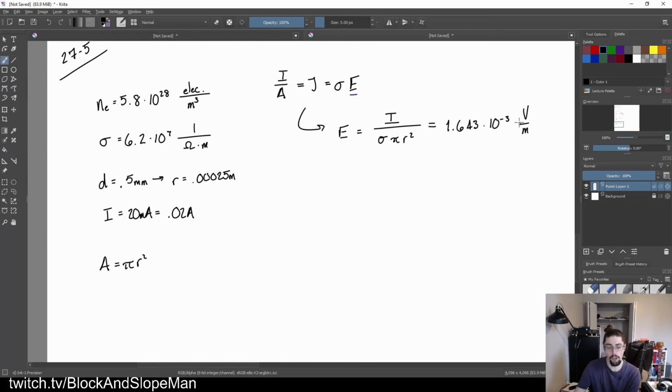And you might notice one of our other strange units here. We have been seeing a lot of very weak electric fields, and that's going to become more of a common deal. As we're dealing with wires and everything else, we don't need super strong electric fields to start moving those charges along because there are so many charges to be moved.